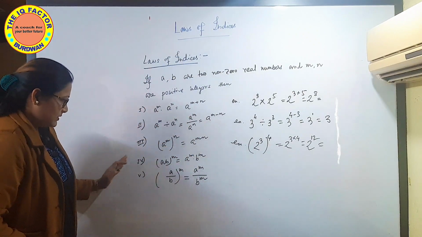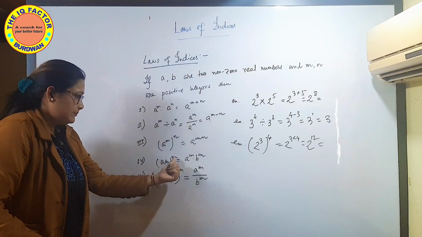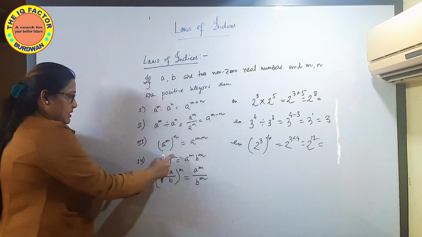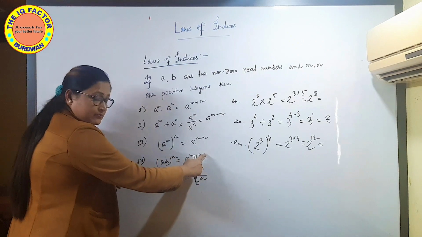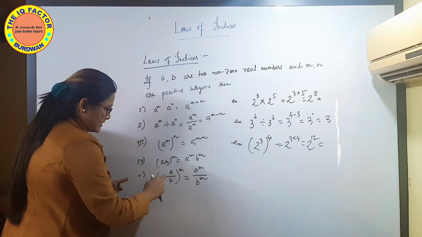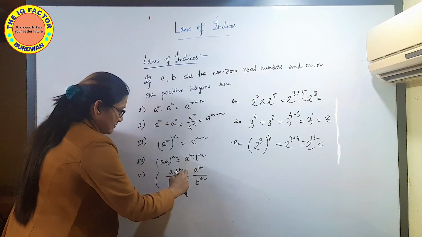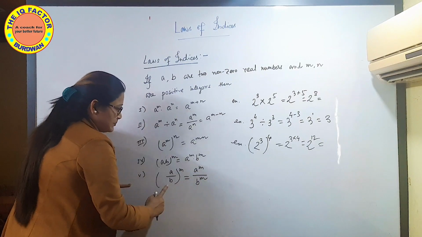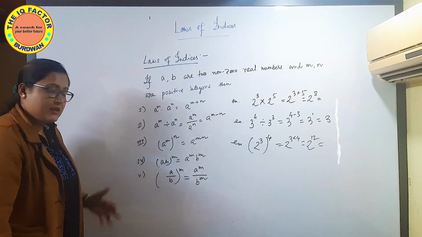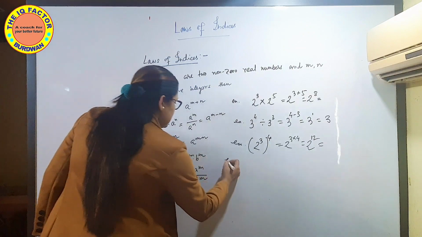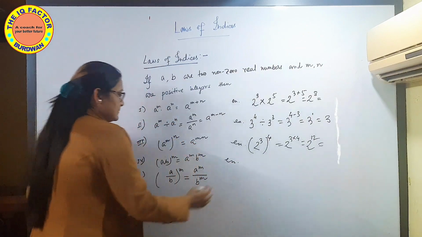And the fourth one is ab whole to the power m is equal to a to the power m, b to the power m. And the last one, a by b whole to the power m is a to the power m divided by b to the power m. And we can give an example.